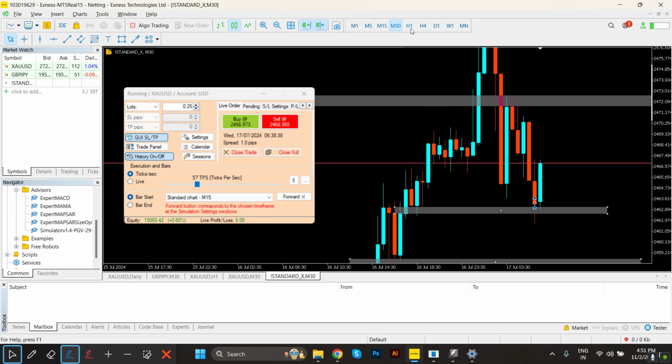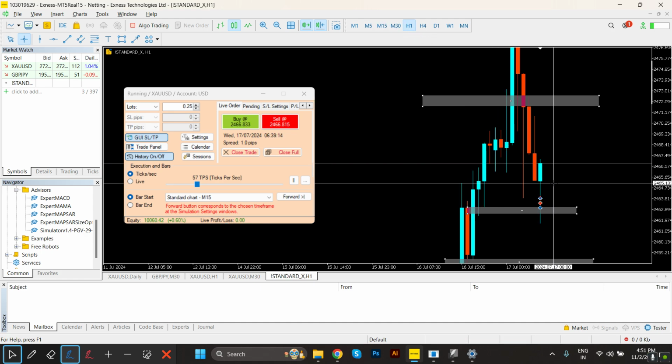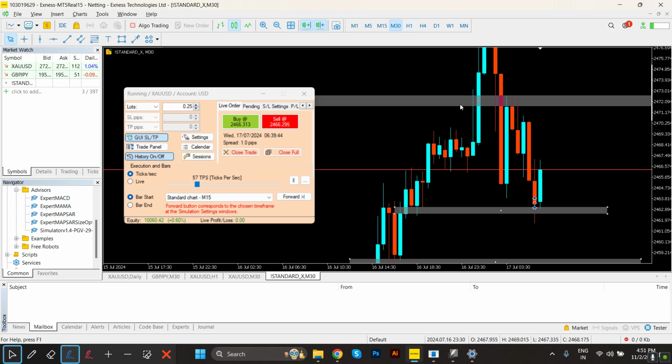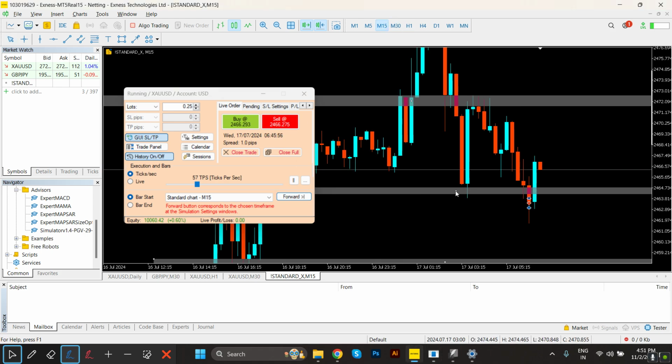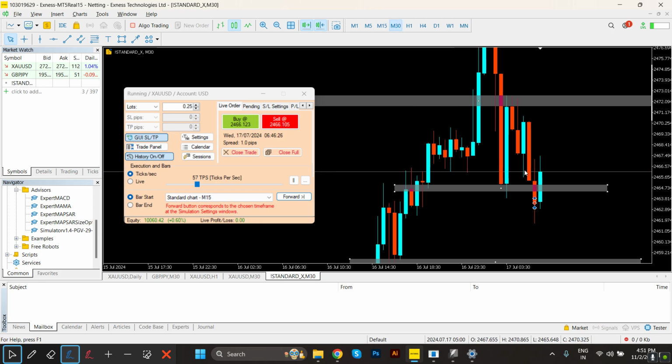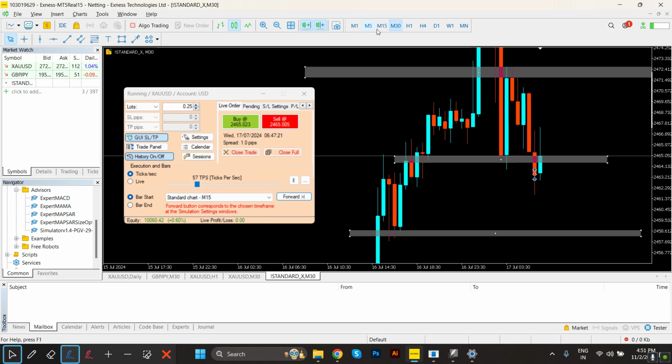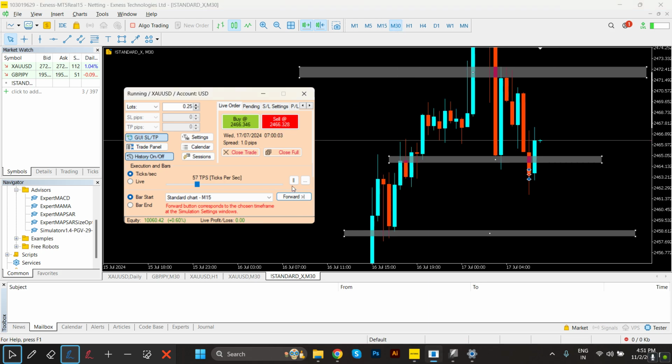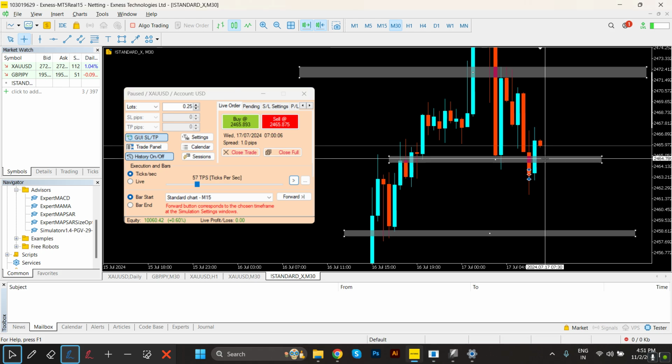We are moving up, very nice. The 15-minute candle closed bullish. We had this area. Another 15-minute candle. Okay, so this candle created a support.